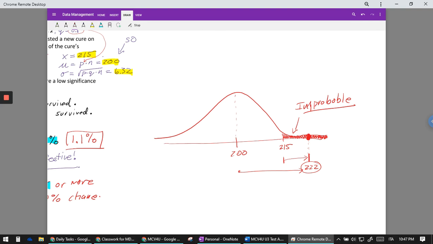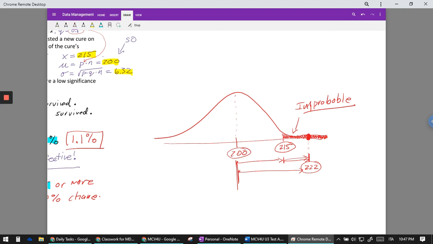Okay, that's if we got 222. But in reality, we only got 215 pigs to survive. And so basically what we're concluding here is that this is not pushed far enough. This 215 is not pushed far enough above what the expected survival rate would be in order for us to conclude that this cure is effective enough.